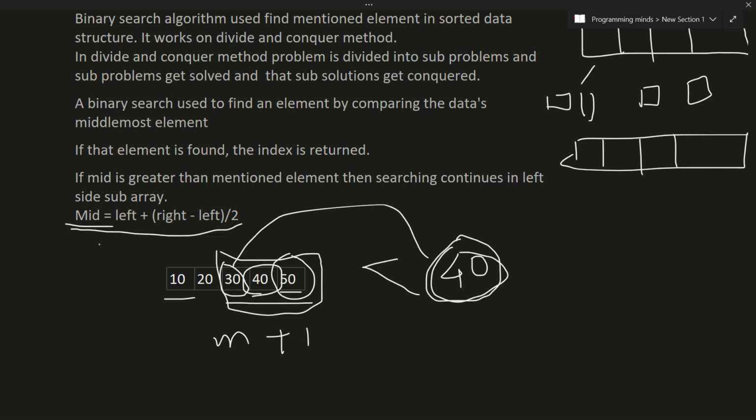Then we will again compare the mid, and by this formula we will get mid as 40. Okay, and 40, we found our element here. So this is the formula for the binary search algorithm.